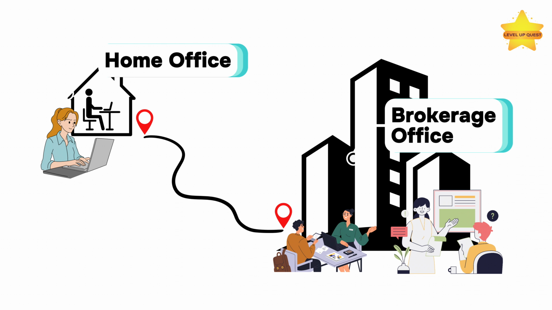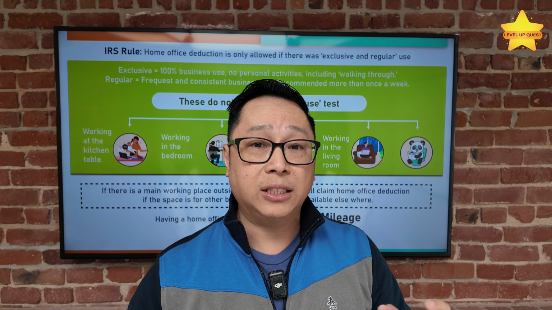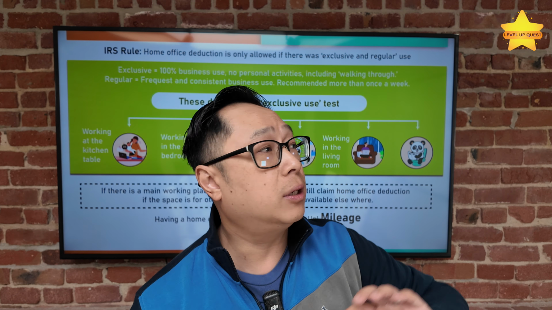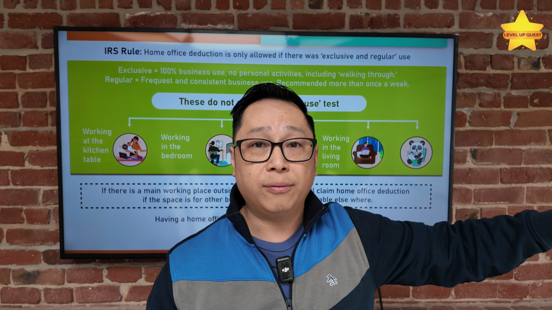This is where she probably talks to clients on the phone. This is where she does a lot of her invoicing or charging clients. Anything relating to admin work, that's where she does it in her home office. So we're able to take a home office deduction because of the fact that she does actual real work there, even though she still has an outside office that is separate from her home.